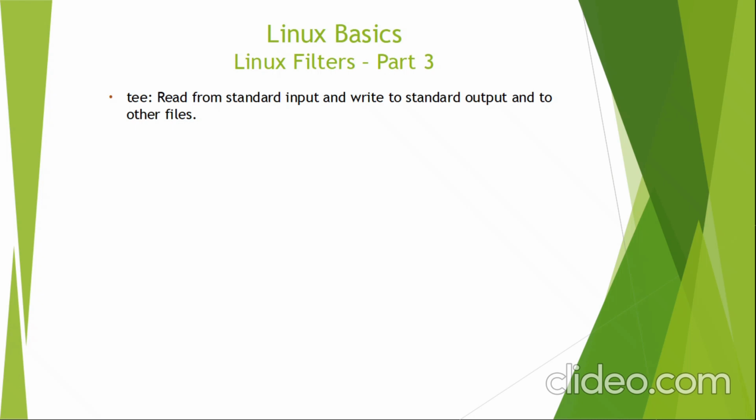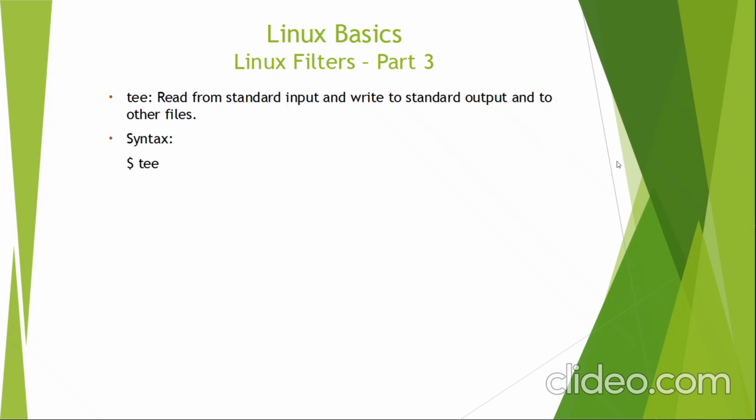If you are doing redirection, it does only the redirection, and then it won't write to the standard output. But as far as the T command is concerned, it does both. It writes to standard output as well as it writes to the files specified as arguments.